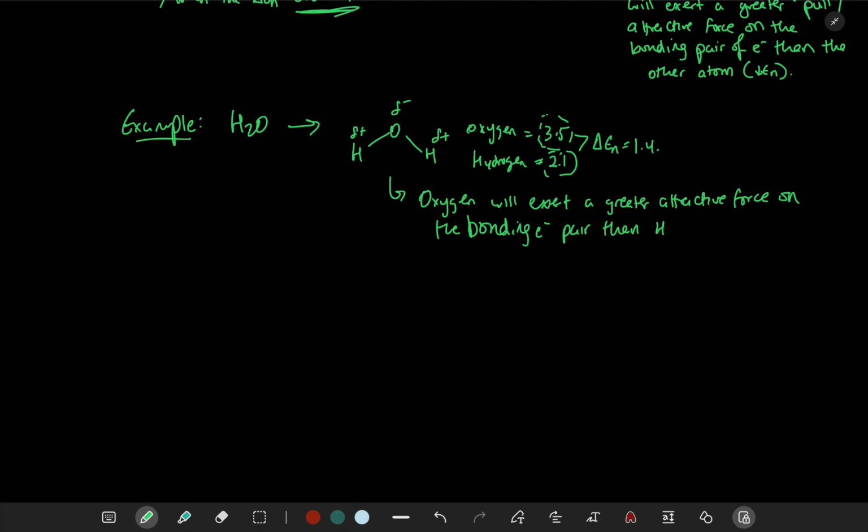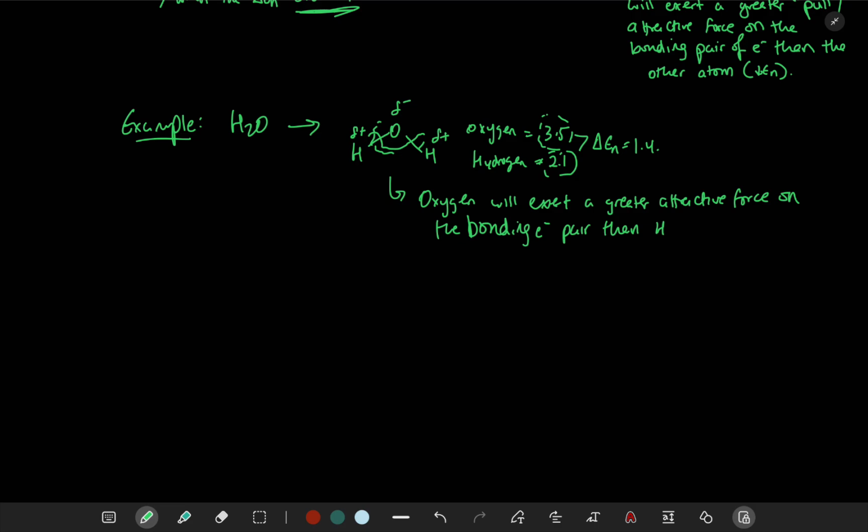And so what happens? Well, in this case, it results in the actual physical electron density among both of these bonds, it's going to result in the bonding electrons being drawn closer to the oxygen nucleus and the hydrogen nucleus.